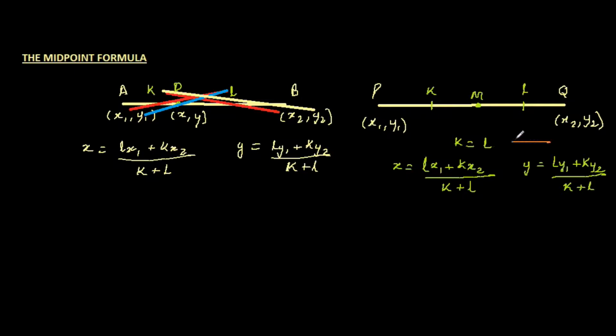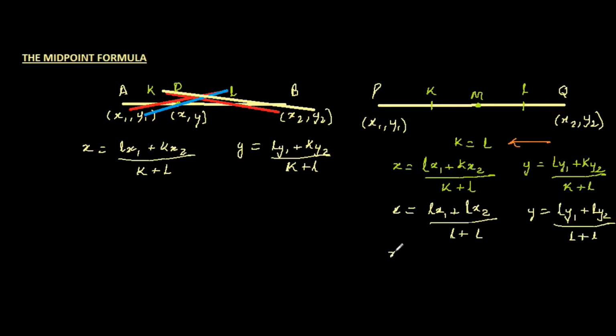We know that k is equal to L. Therefore, in these x and y coordinates, we are going to substitute the value of L for k. So the x coordinate will become (l x1 plus l x2) over (l plus l), and the y coordinate would be (l y1 plus l y2) over (l plus l).